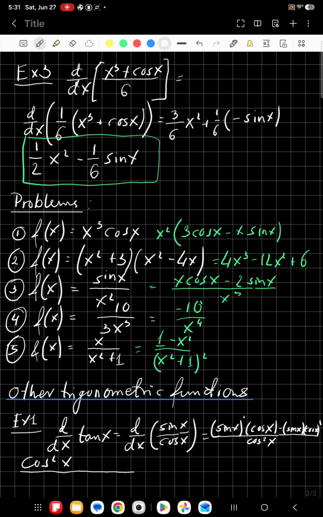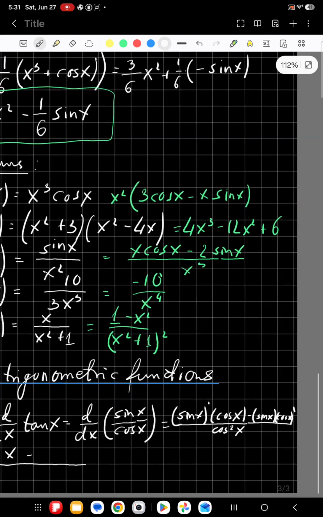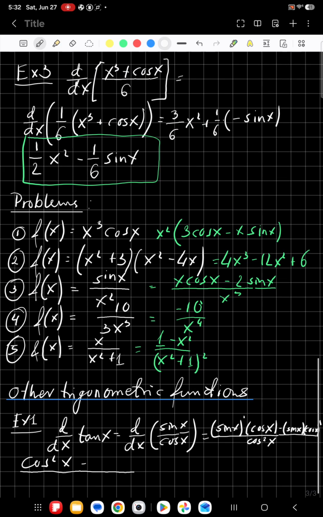And now we have minus sine x times the derivative of cosine x. The derivative of cosine x is negative sine x, so we have plus sine squared x, divided by cosine squared x.